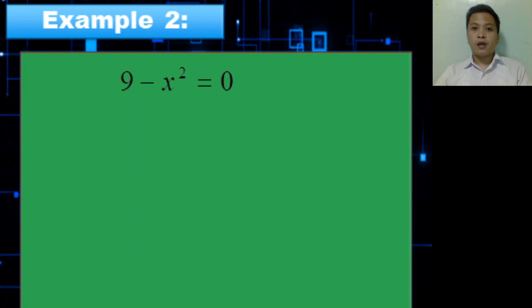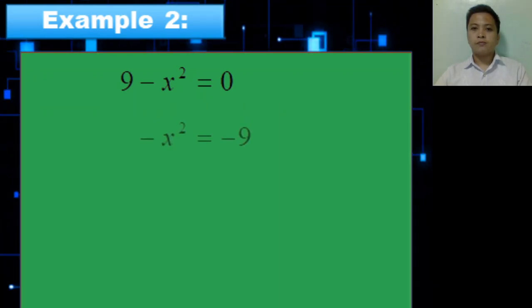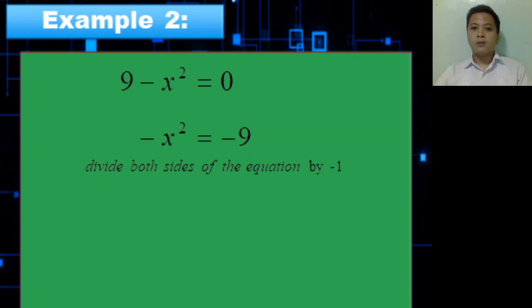Example 2, 9 minus x squared is equal to 0. Transpose 9 to the right side. We will have negative x squared is equal to negative 9. Divide both sides of the equation by negative 1.